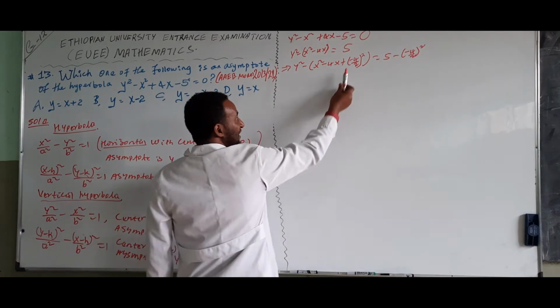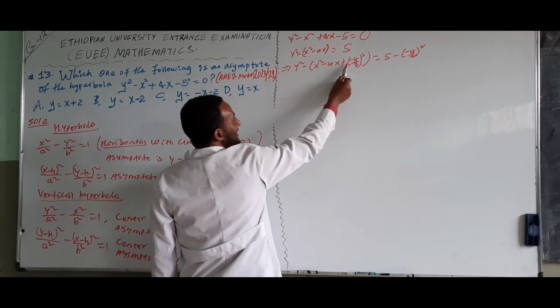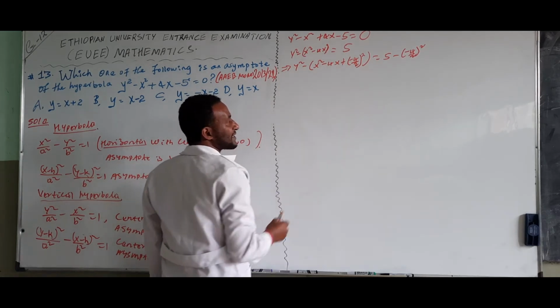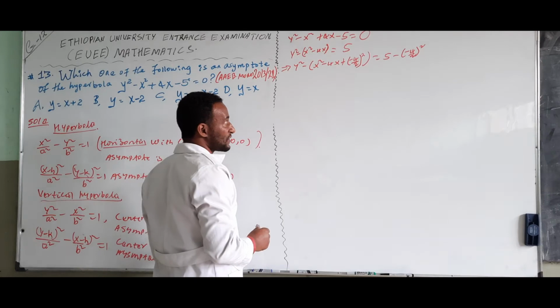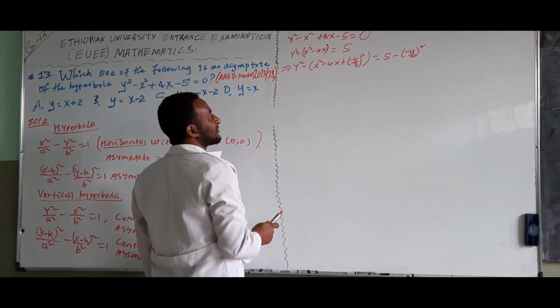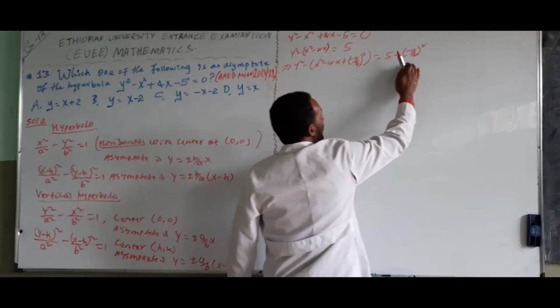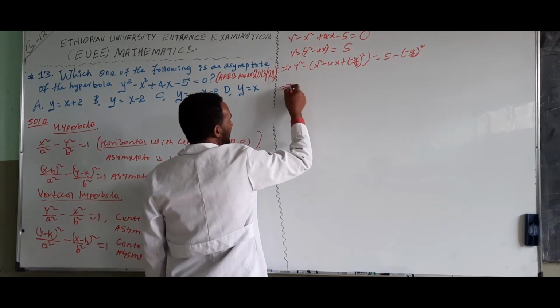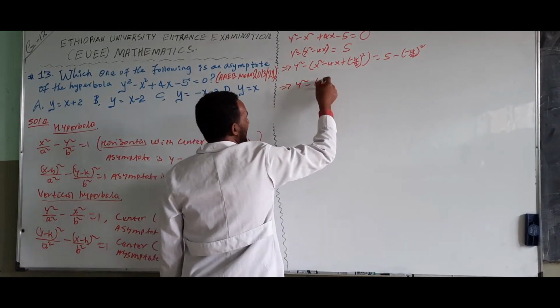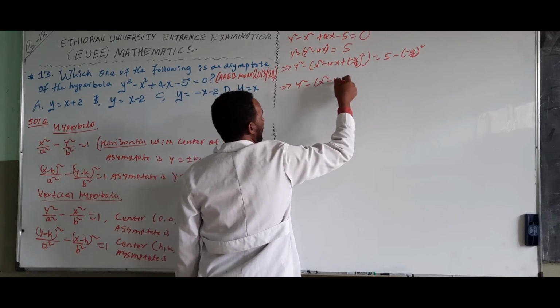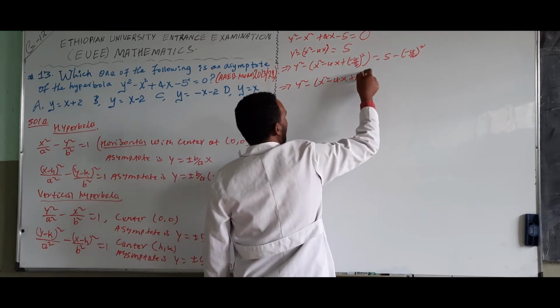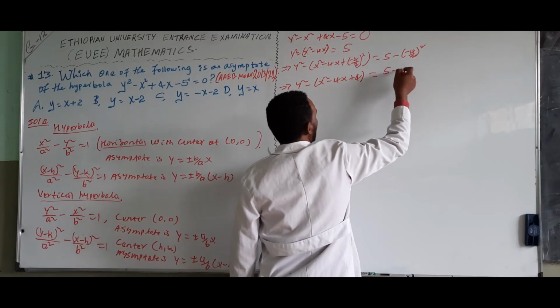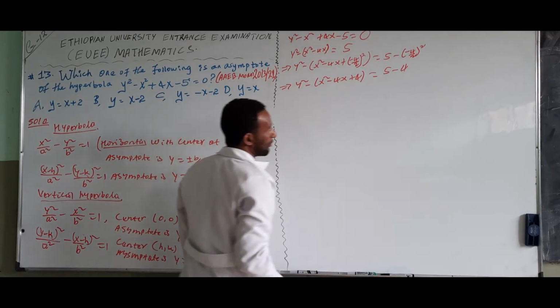That means this minus makes this plus to minus. Therefore, when we subtract from both sides, we get y square minus x square minus 4x plus 4 is equal to 5 minus 4.